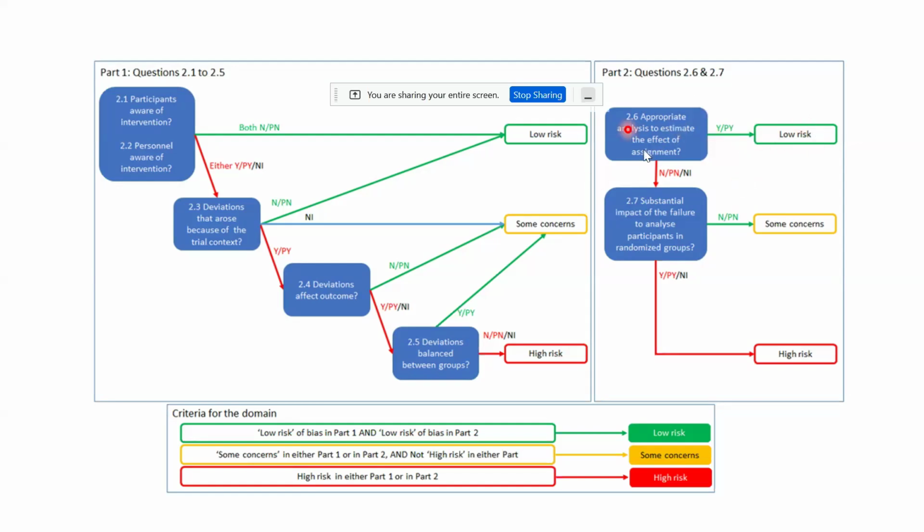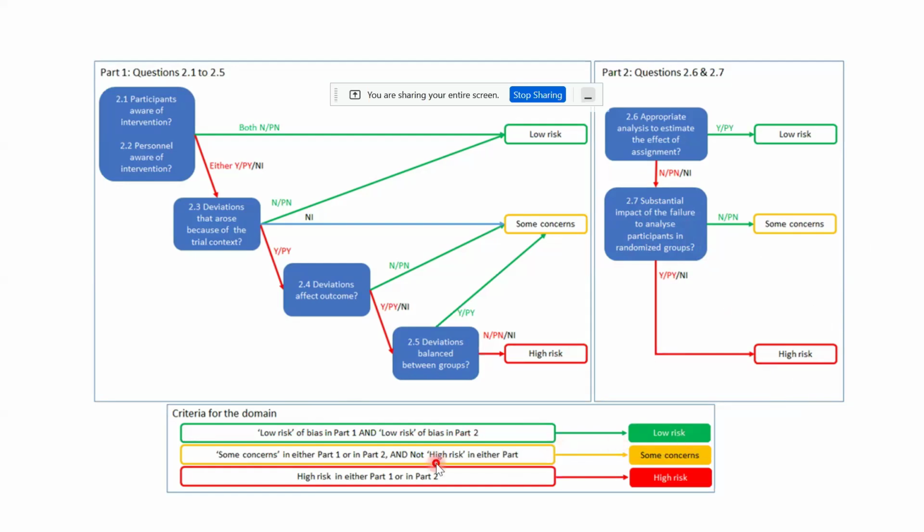Okay. If any other method of analysis has been used, such as per protocol analysis or as treated analysis, then we move on to the next question. So, has there been a substantial impact of the failure to analyze participants in the randomized group? If the answer is no, we go to some concerns. And if the answer is yes, we go to high risk. Now, again, the overall risk of bias for domain 2, how do we assess this?